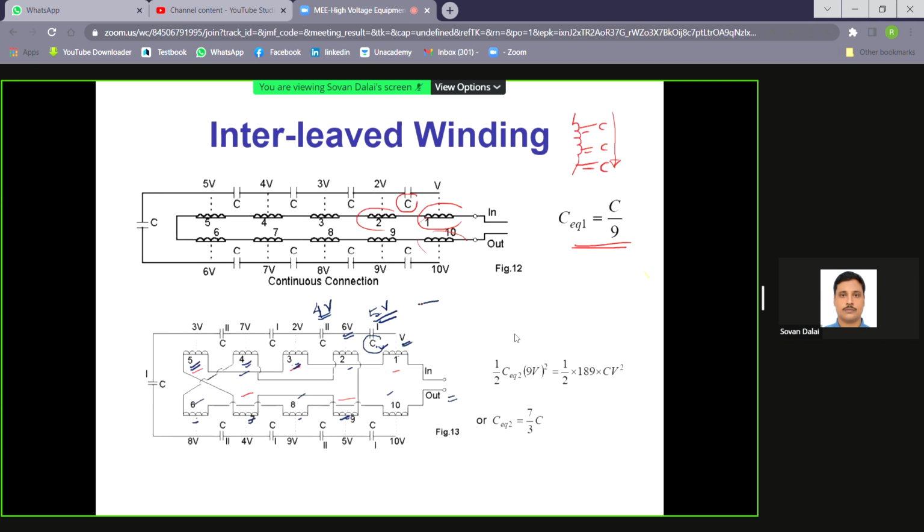One set corresponds to 5 volt, and the number of capacitances is 5, and the 4 volt set is set 2, and the number of capacitances is 4. Now how will you find the equivalent capacitance of this arrangement?